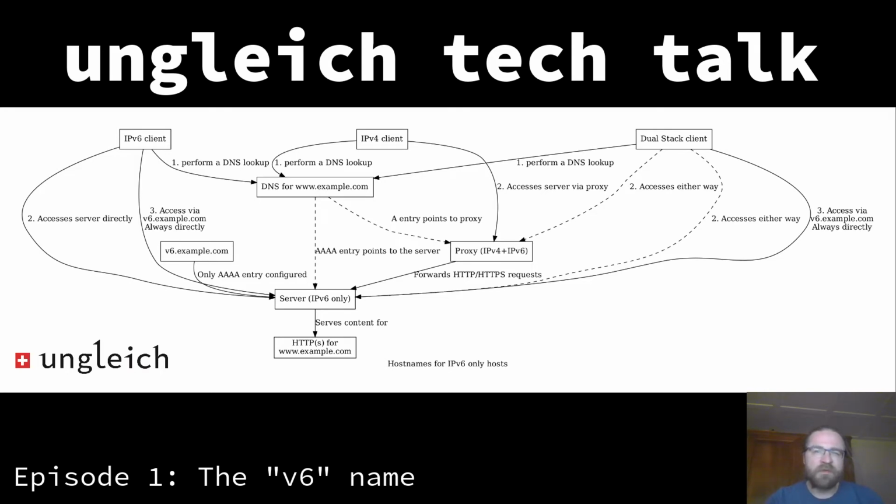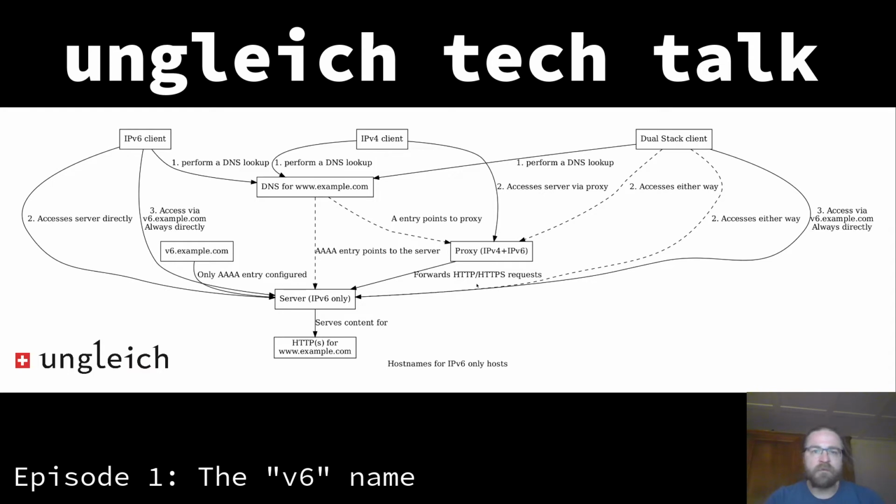Now this gets a little bit more complicated when you have a dual stack client, so a client which has IPv4 and IPv6. First, like the other two, it will perform a DNS lookup. It will get the A and the AAAA entries, and then it can access either the web server via the proxy, because it uses IPv4, or it can access the server directly via IPv6.